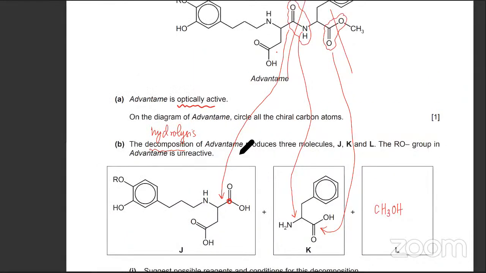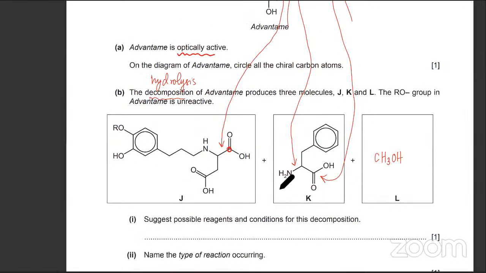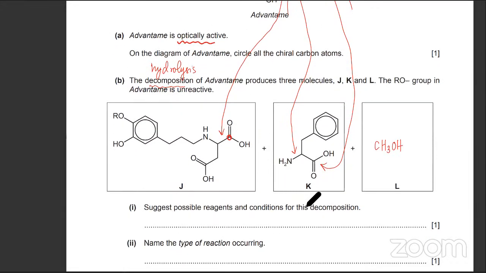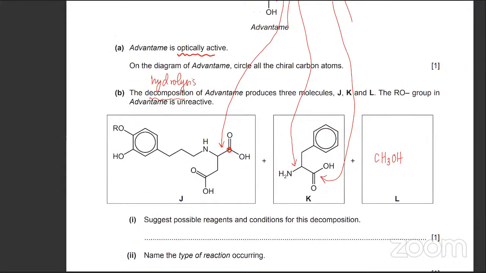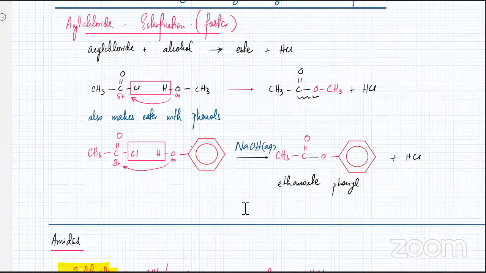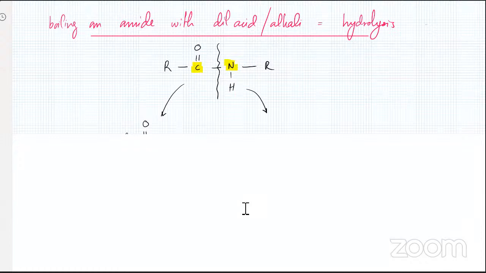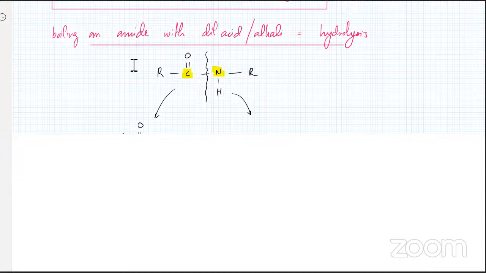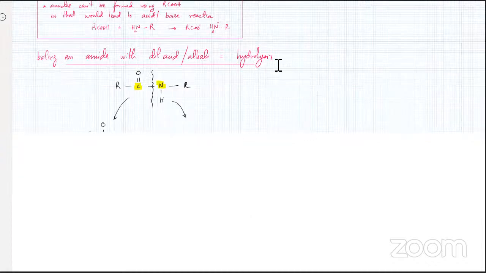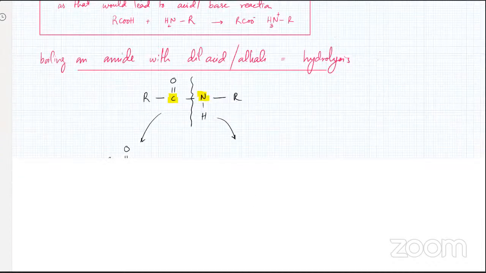Thank you. Okay, now the next part is: suggest possible reagents and conditions for this decomposition. Remember that there are two types of hydrolysis. If you want to break the amide back, so it's written over here: boiling an amide with dilute acid or dilute alkali, that would break an ester.